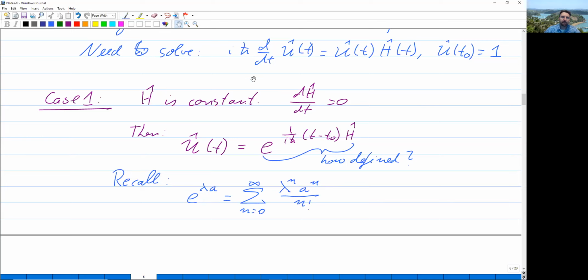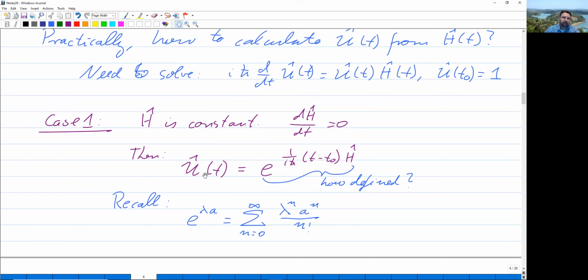And here we are claiming that the time evolution operator is this thing. What we have here is numbers, all right, but the H hat is an operator. Here, we can think of lambda as being a number, and a, for example, being a number, or as we will soon see, we can also choose this to be an operator.